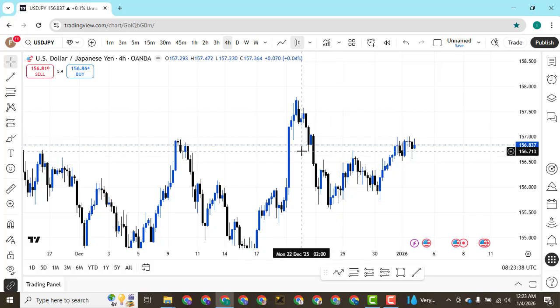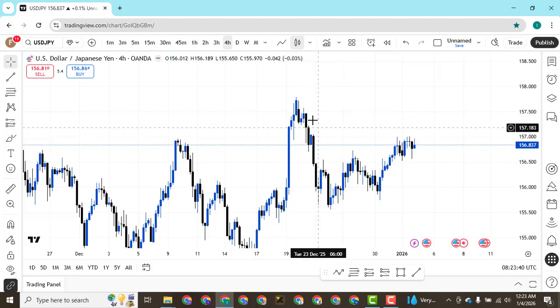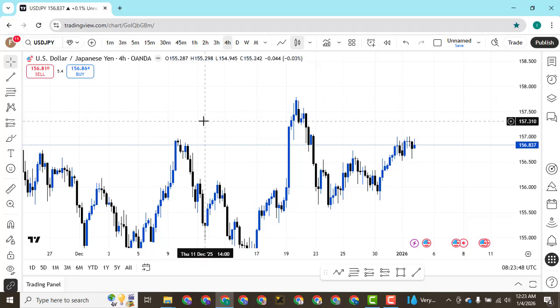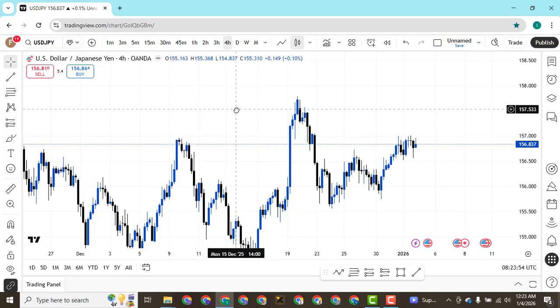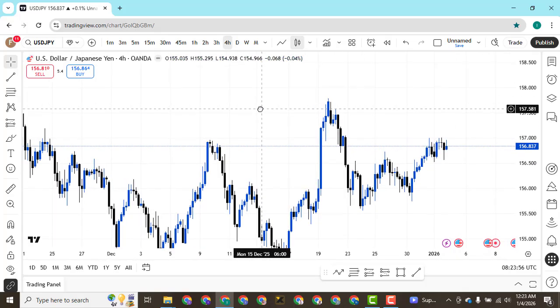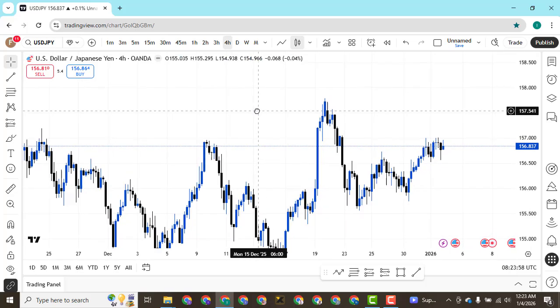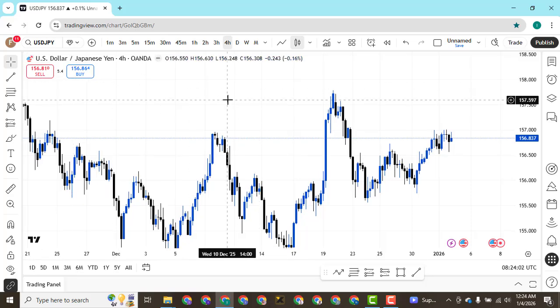Also know that when analyzing a pair, you look at the Forex calendar, but I do not care too much about it, because I believe that the Forex calendar obeys the chart. That is what I believe.